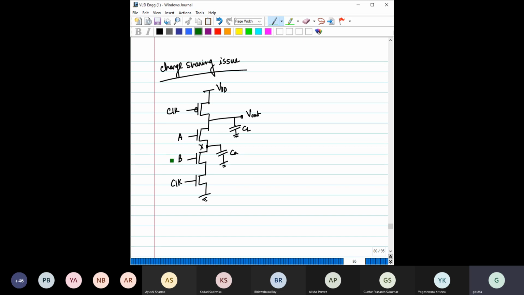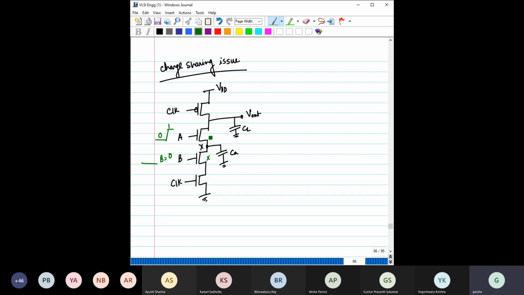Let us say that the B input is always at 0. So B is fixed at 0, and this transistor is always off. It does not matter whether this is in the pre-charge state or the evaluation state. However, input A makes a swing like this.